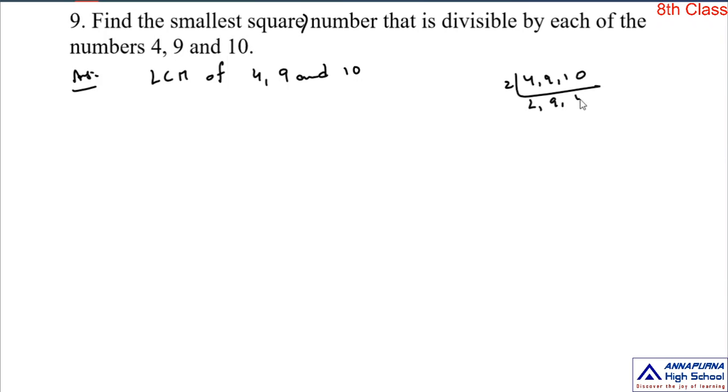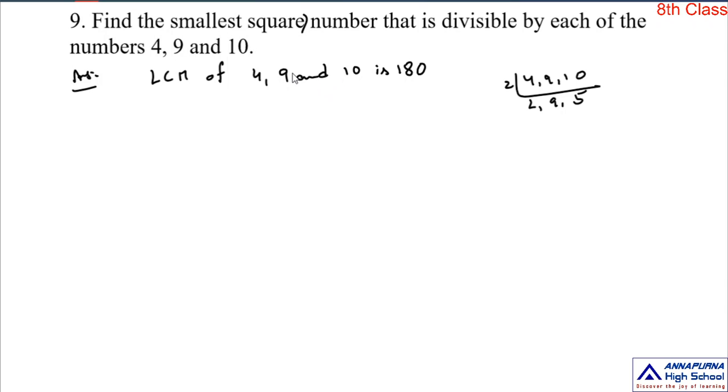So 2 times, 5 times, and no one is divisible by any other prime number. So 2 into 2 is 4, 4 into 5 is 20, into 9 is 180. So LCM of 4, 9 and 10 is 180. That means this 180 is divisible by every number 4, 9 and 10.